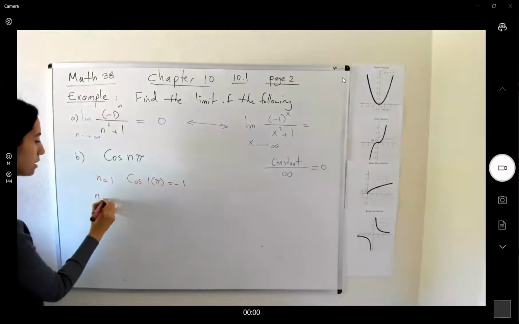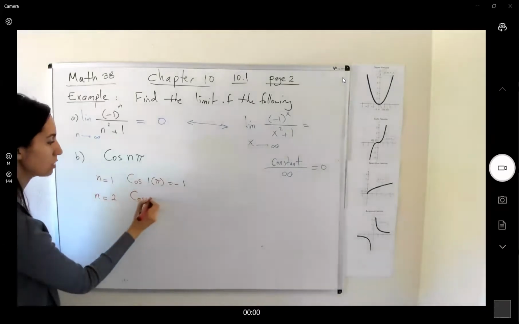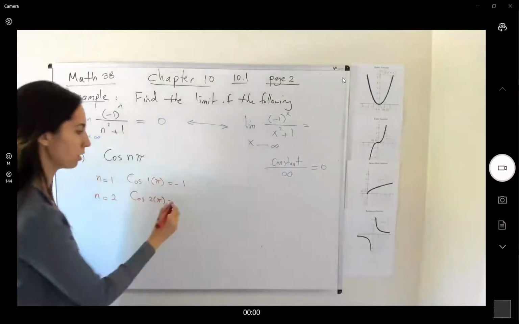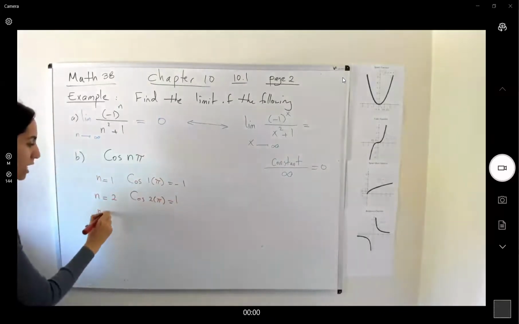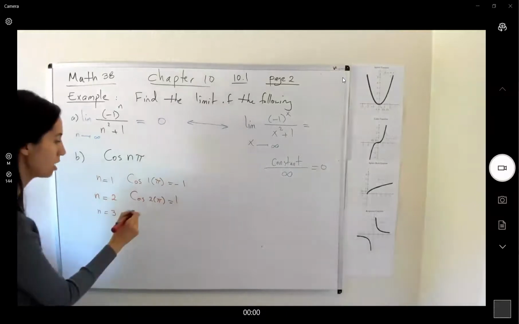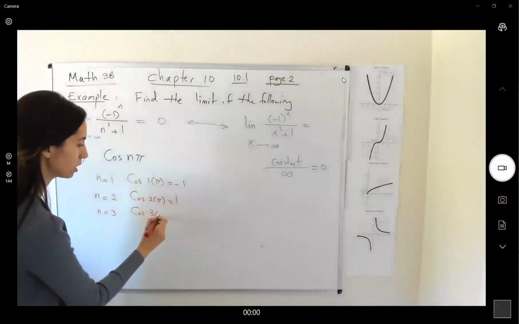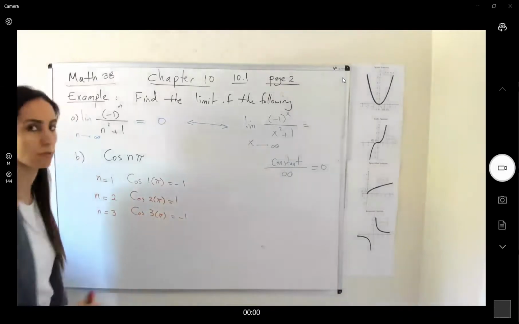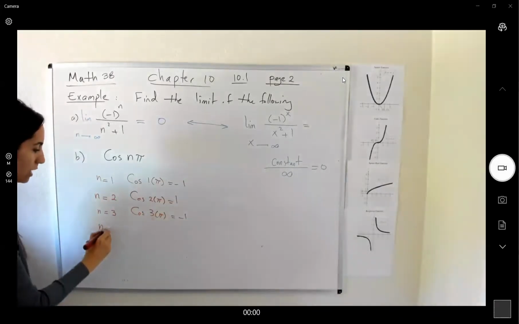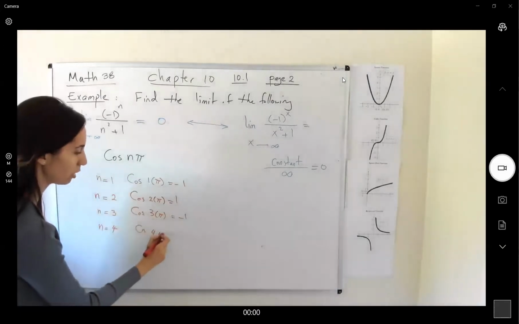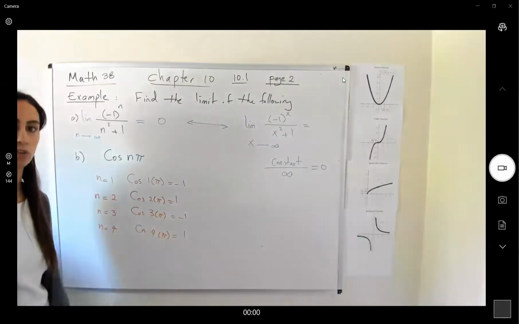If n is equal to 2, you get cosine of 2 pi, which is equal to positive 1. If n is equal to 3, I get cosine of 3 pi. I know that this is -1. If n is equal to 4, I have cosine of 4 pi, which is +1.